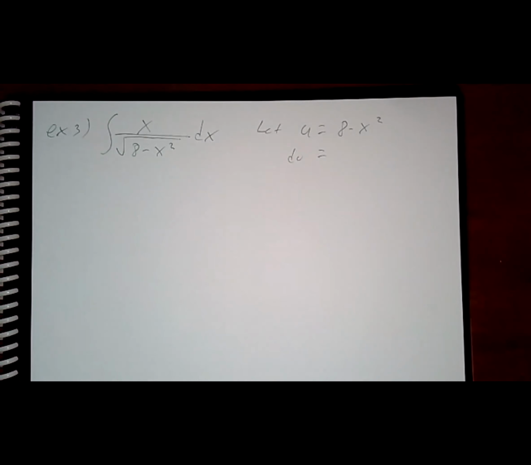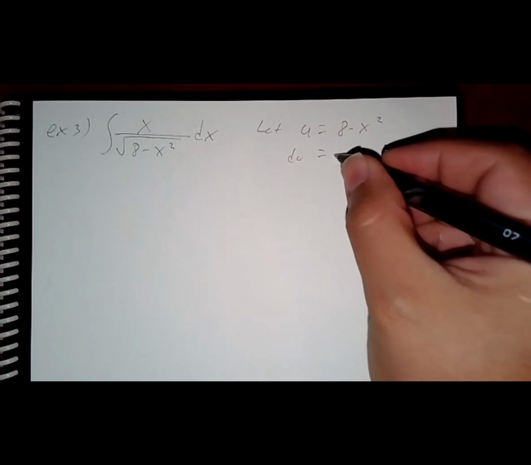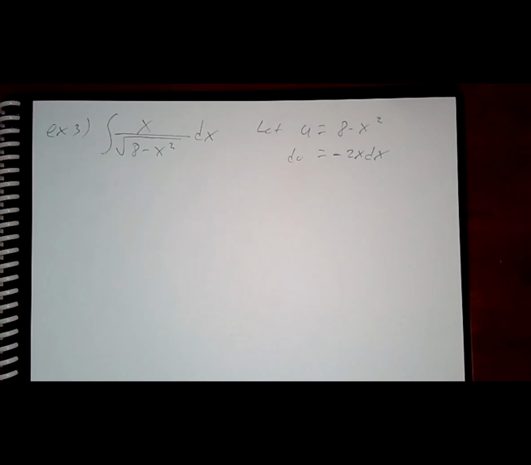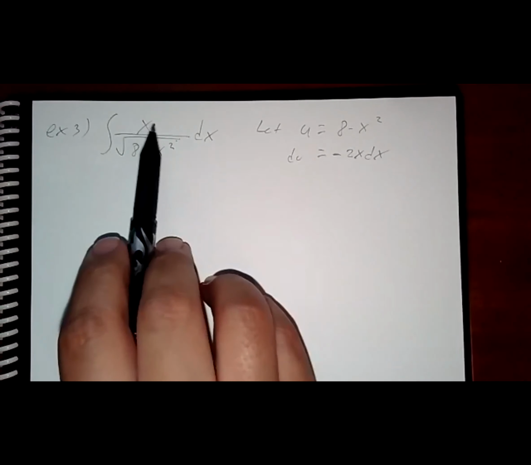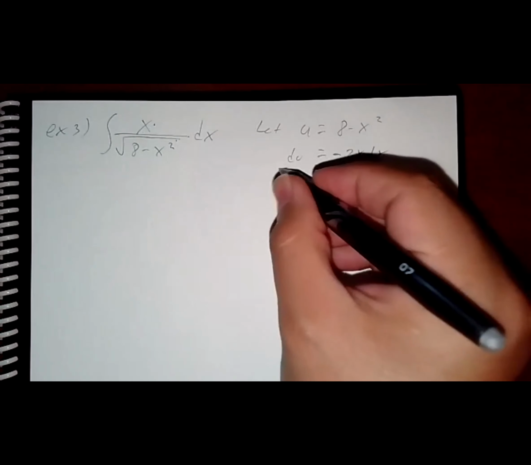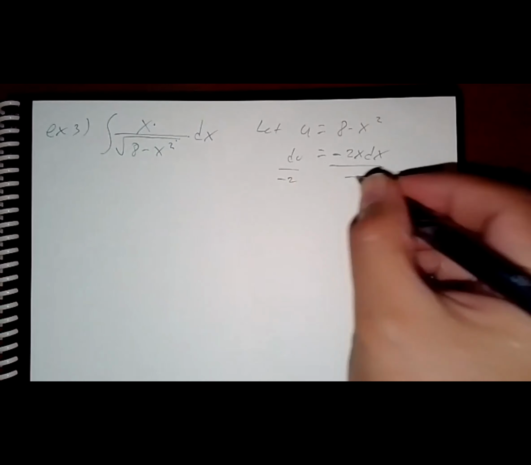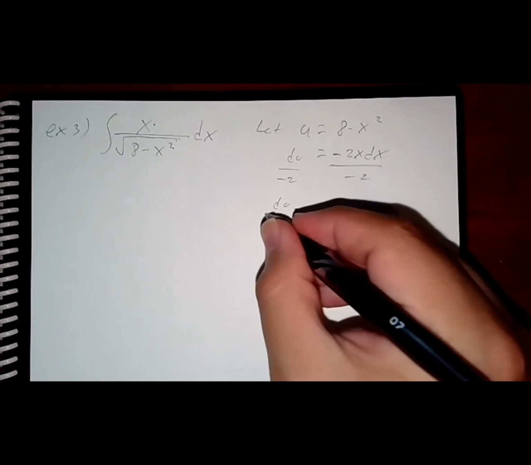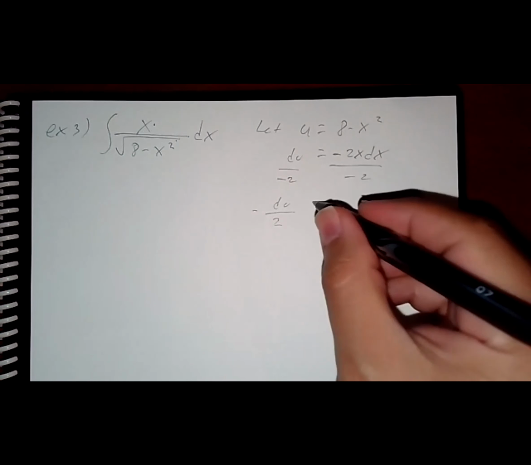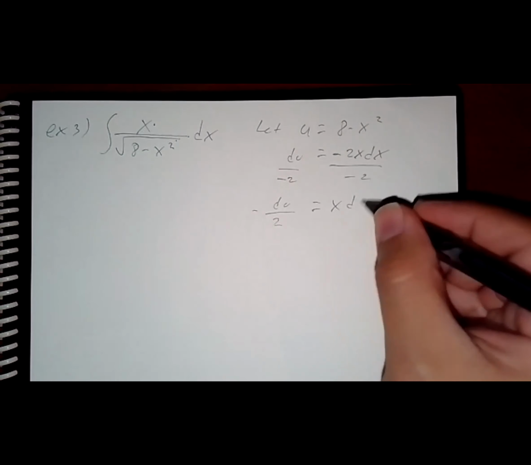It'll be negative 2x dx. We don't have a -2 here; we have the x and dx. So let's get rid of that -2. So du over -2 is equal to x dx.